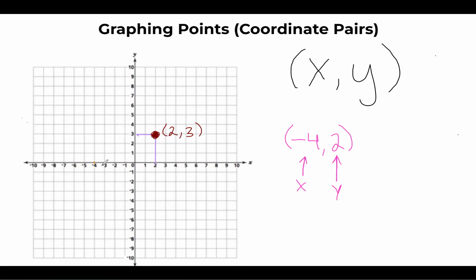So from here, I am following upwards until I match at a positive 2. Again, where those two lines meet, where it satisfies both parts of that point, that is where I have my actual point graphed. So that is my negative 4, comma 2.